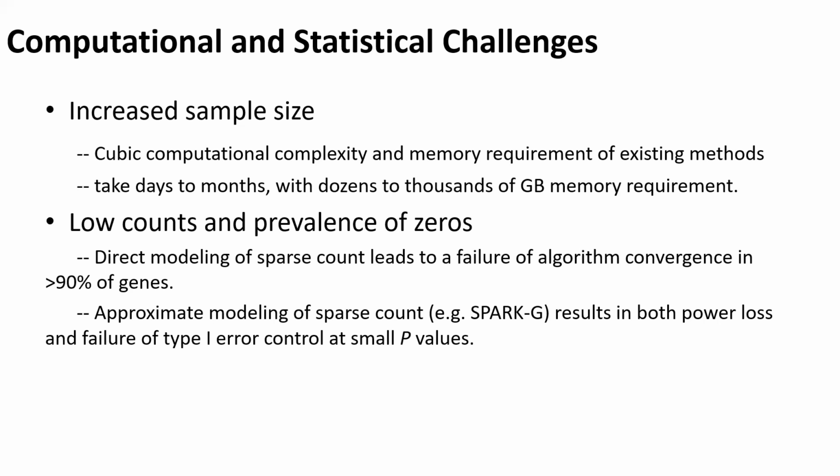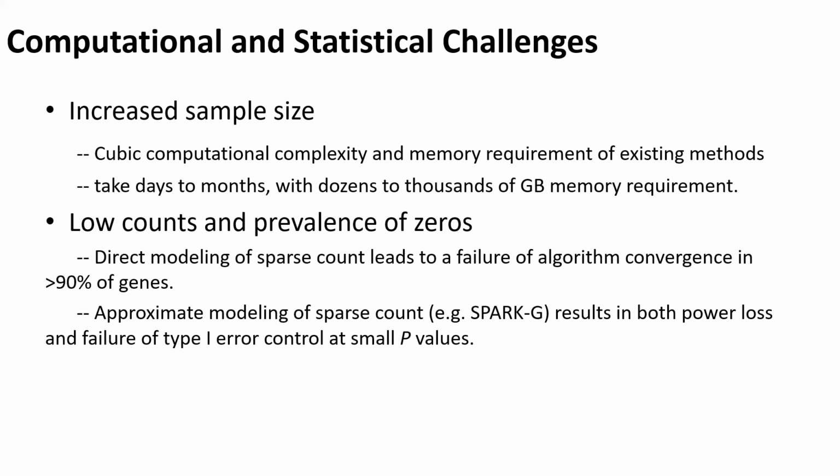If you simulate data with over 90% zeros for the gene from the negative binomial model using the standard negative binomial distribution in R packages, and try to fit it, it will fail to converge in the majority of cases. In many cases, it's over 90% of genes that will fail, sometimes over 98%. So there's a lot of problems in fitting this negative binomial, or overdispersed Poisson, type of model.